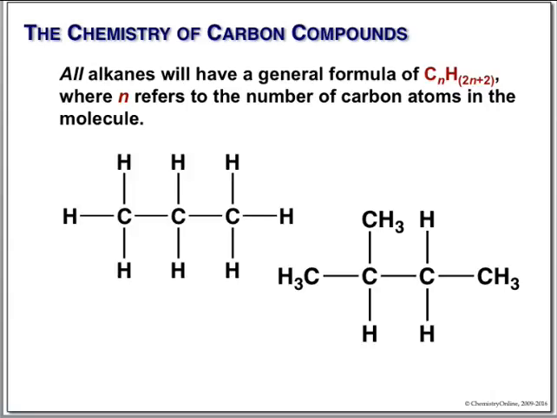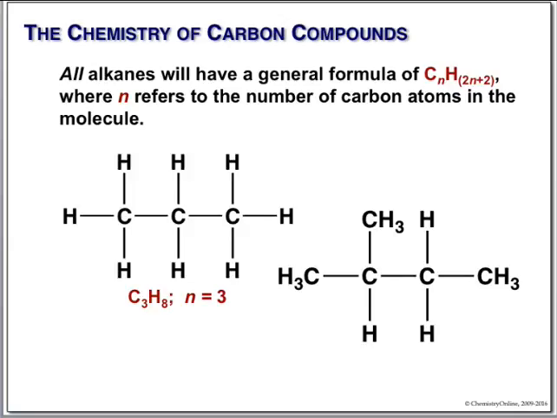We have 1, 2, 3, 4, 5, 6, 7, 8 hydrogens. An alkane will have a general formula of CnH2n+2. n is the number of carbons, so we have 3. So 2 times 3 is 6, plus 2 is 8. This has a formula of C3H8, with n equal to 3.